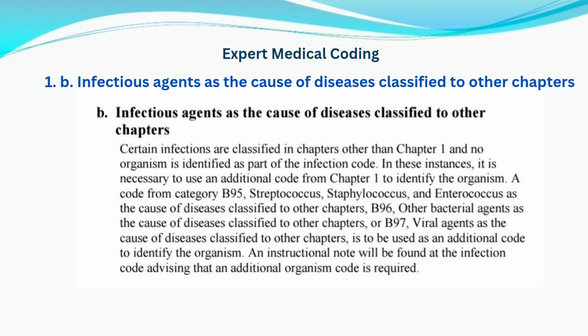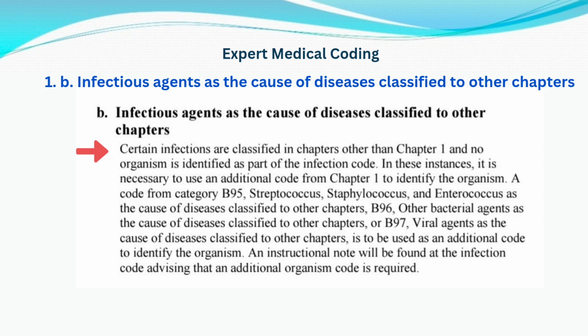So let's begin with the first guideline, which says infectious agents as the cause of diseases classified to other chapters. Certain infections are classified in chapters other than Chapter 1 and no organism is identified as part of the infection code. In these instances, it is necessary to use an additional code from Chapter 1 to identify the organism.